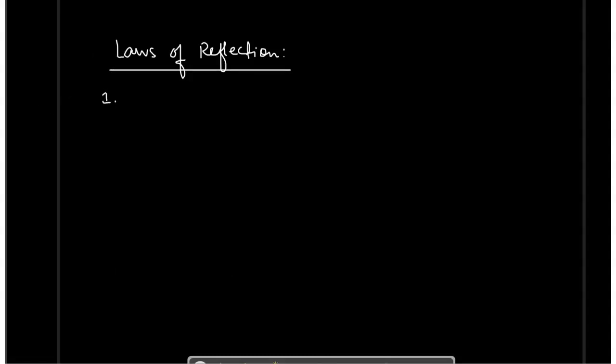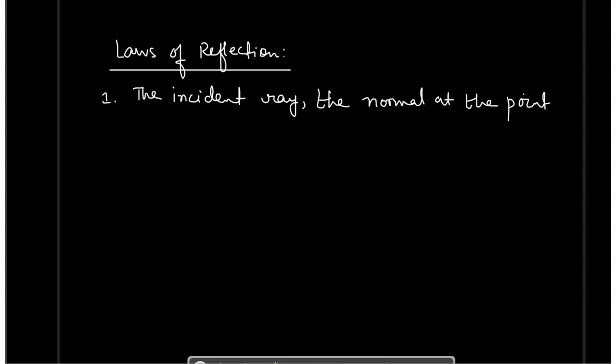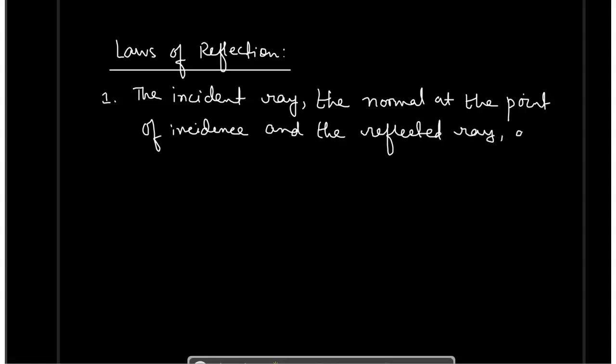First one you can write down: the incident ray, the normal at the point of incidence, and the reflected ray all lie on the same plane.